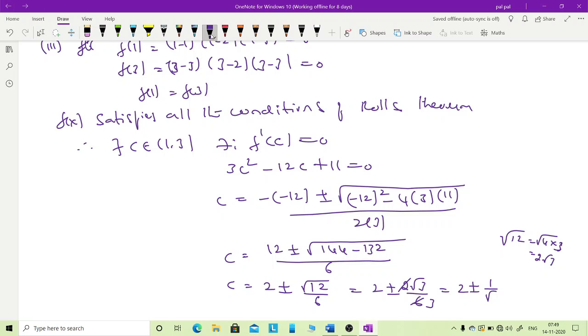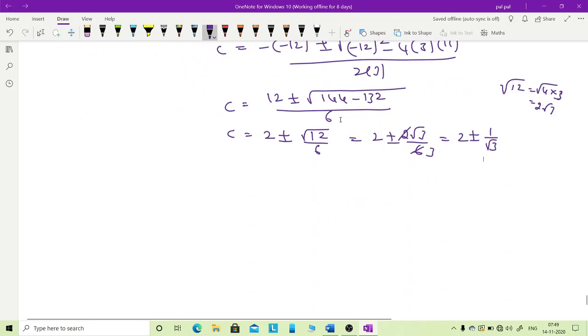Its value is around 1 point something. So both the values, 2 plus 1 by root 3 and 2 minus 1 by root 3, lie in our interval.